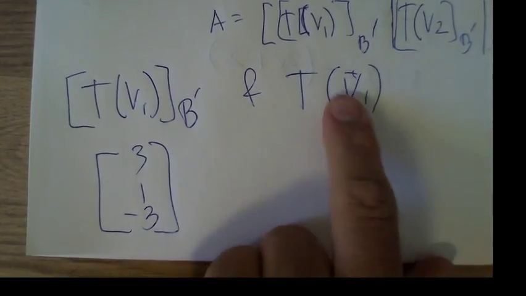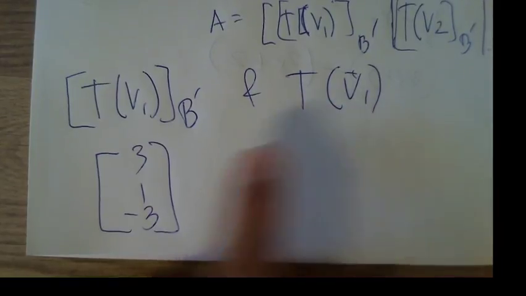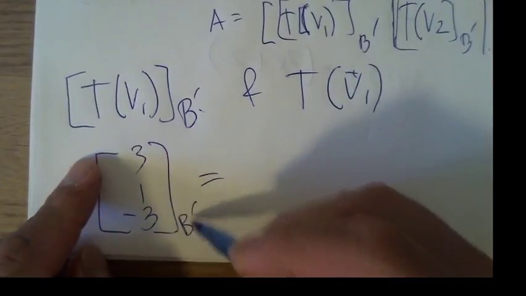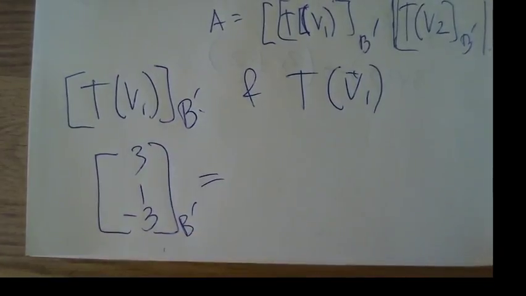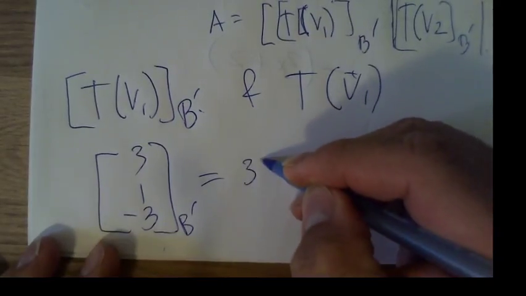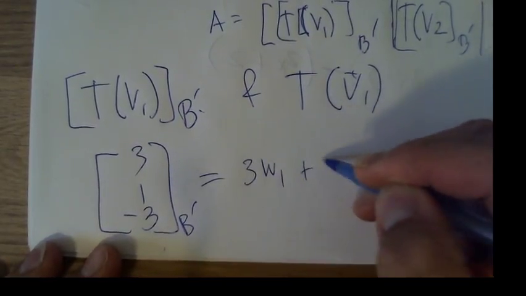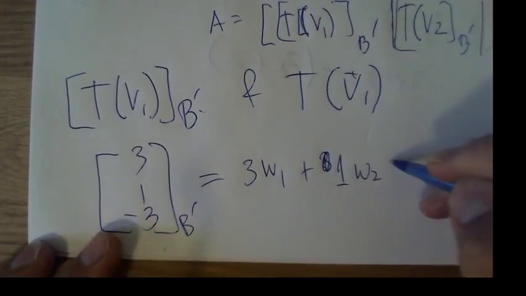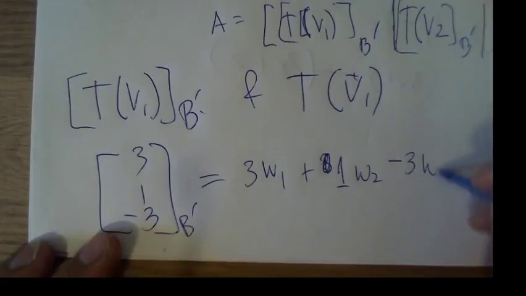So how do I find T of v1? These are coefficients relative to B prime, so it is 3 times w1, plus 1 times w2, minus 3 times w3.